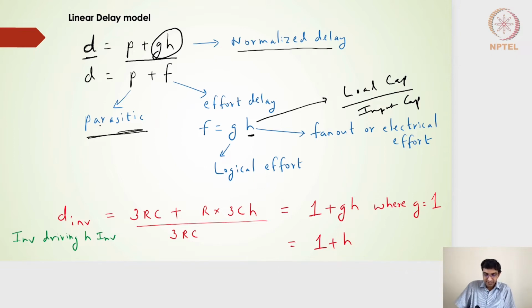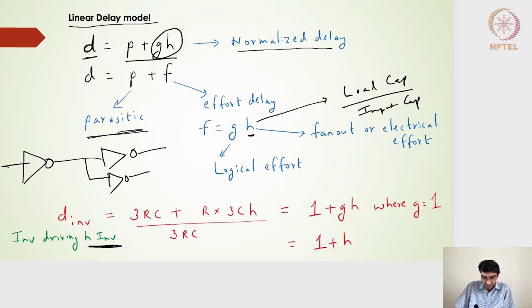So if I consider an inverter for this linear delay model, the delay of the inverter is that of an inverter driving H inverters. I have one inverter in the first stage driving another inverter, and H such inverters in the second stage.